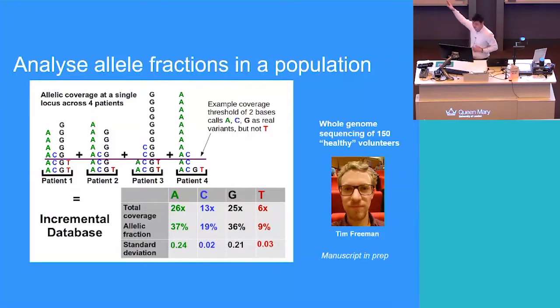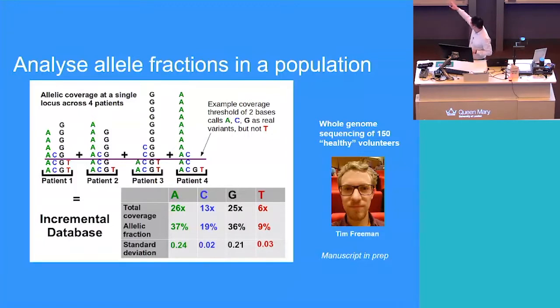But this 37% could be a composition of homozygous and heterozygous mutations, or cases of no variant alleles, right? If you have a composition of both homozygous and heterozygous variants, you would get a specific allele fraction with a high standard deviation. Okay?